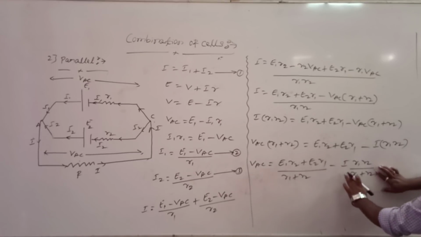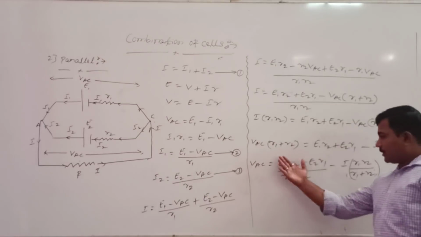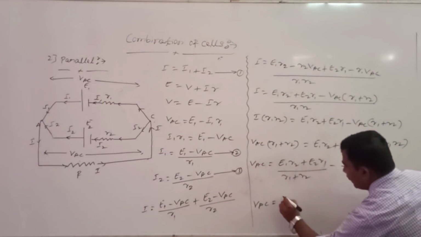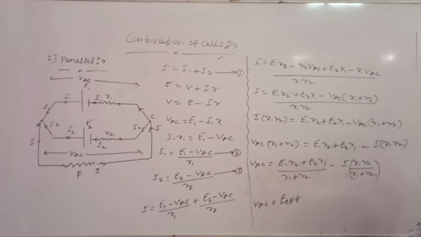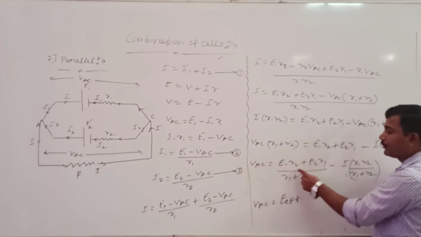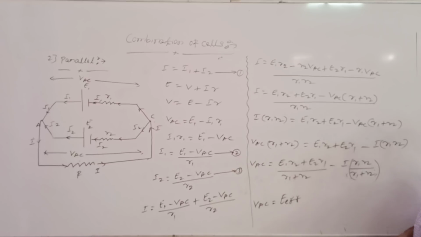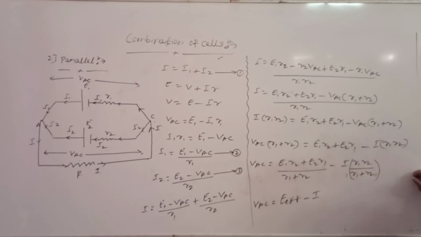This combination. Now how does this look? VAC equals E effective. E effective is equal to E1 R2 plus E2 R1 divided by R1 plus R2, minus I times R1 into R2 divided by R1 plus R2.